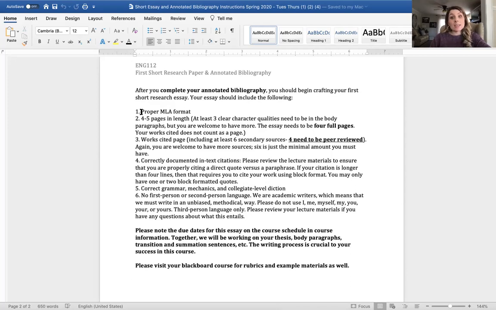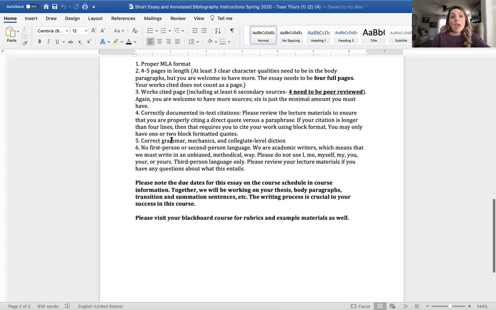The great news is that as you're turning in your annotated bibliography, a lot of those citations have already been created for you, unless you've added some additional information up at this point. Correctly documented in-text citations. We're going to be talking about in-text citations next week. This week, we're really going to focus on how to build an essay and how to properly structure an essay.